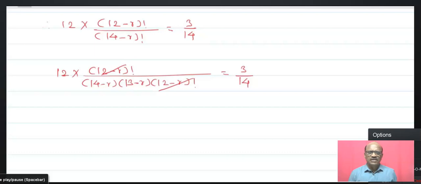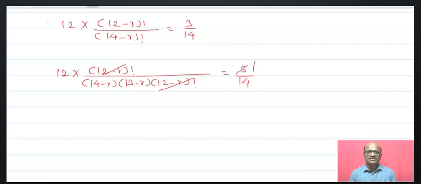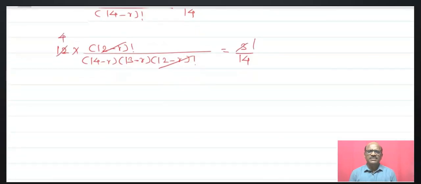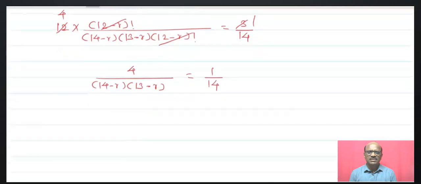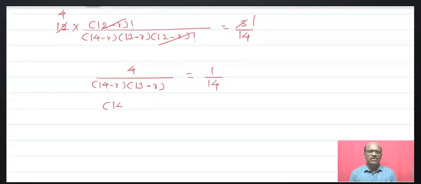Now next, we'll simplify this. That is 4 upon (14 minus r)(13 minus r) is equal to 1 upon 14. Therefore (14 minus r)(13 minus r) is equal to 56.